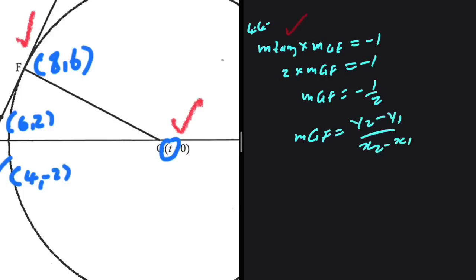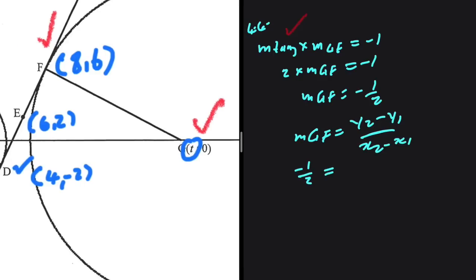So we have -1 divided by 2 being equal to y2. Let's take F as our second point and G as our first point. So F as our second point, that's going to be 6 minus y1, which is y of G, 0, divided by x2, 8 minus t, okay?